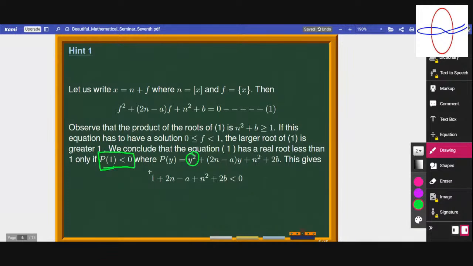And therefore this gives that if you put 1 in the equation, what do you get?